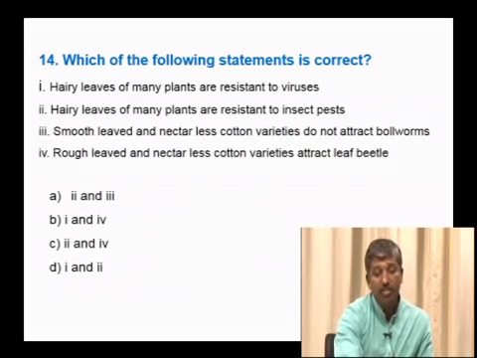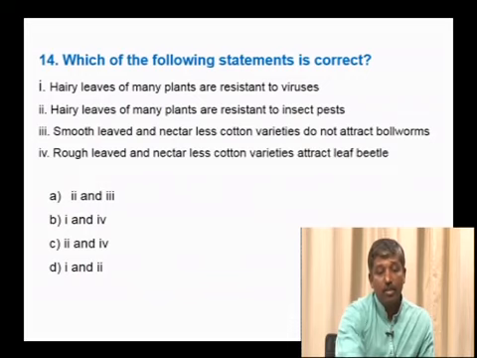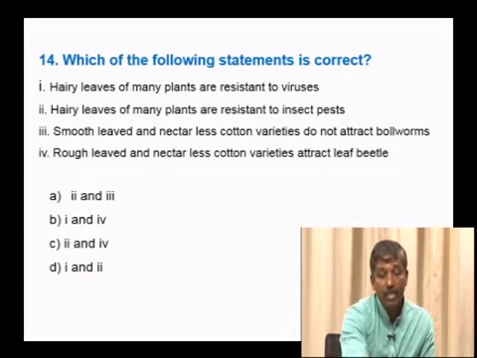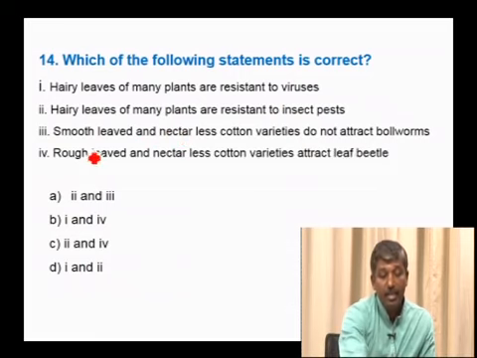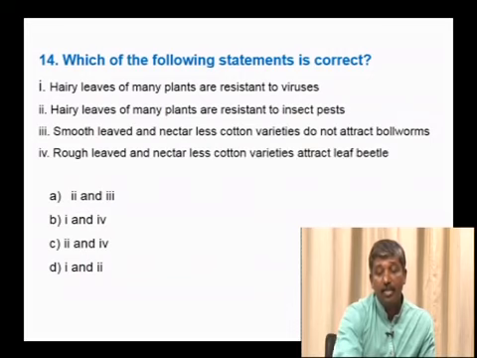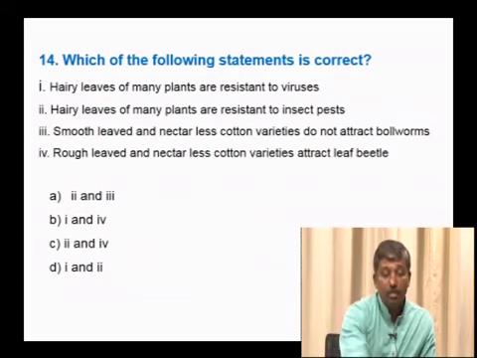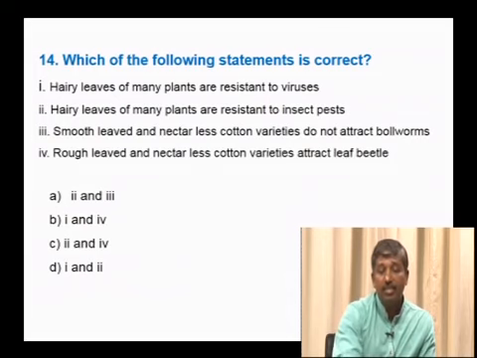Hairy leaves of many plants are resistant to pests, not to viruses. Smooth-leaved and nectarless cotton varieties do not attract cotton bollworms, because if nectar is not there, it does not attract insects or pests.